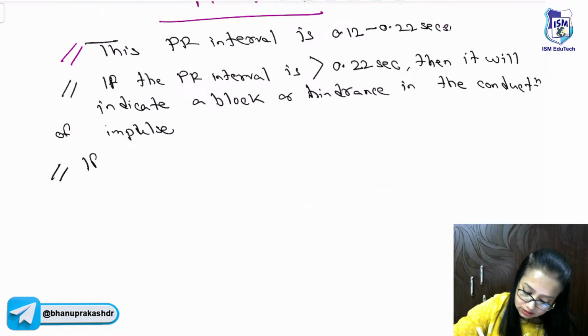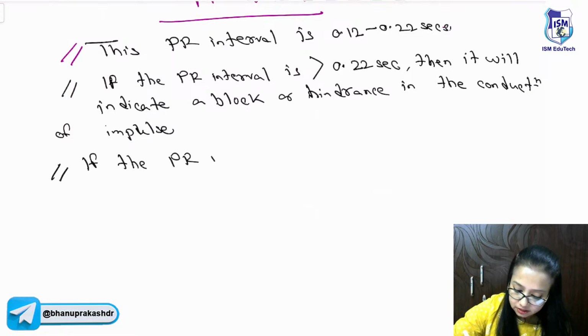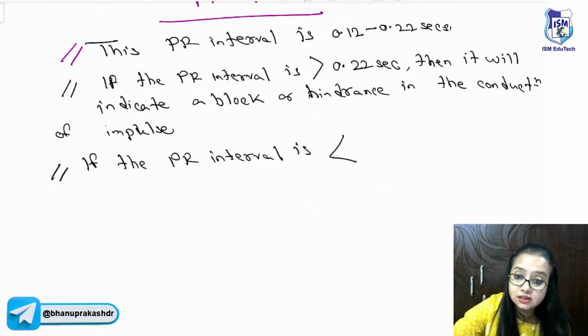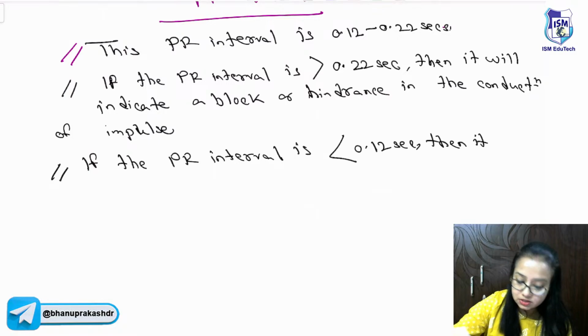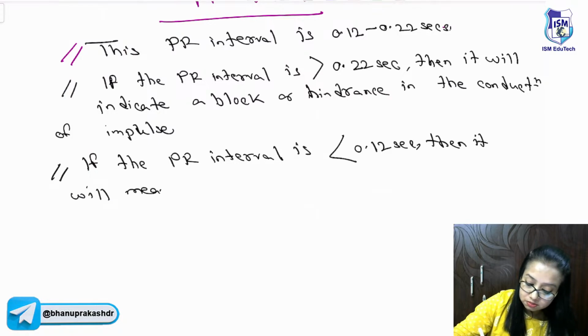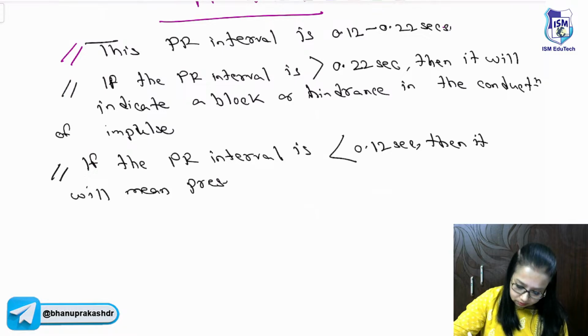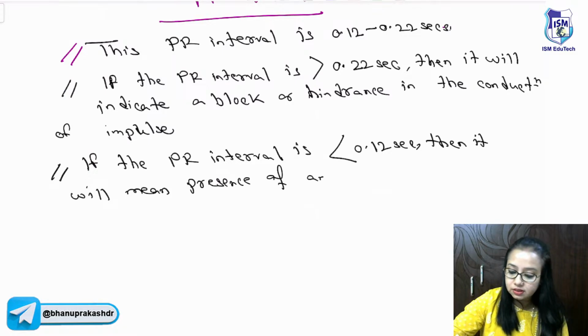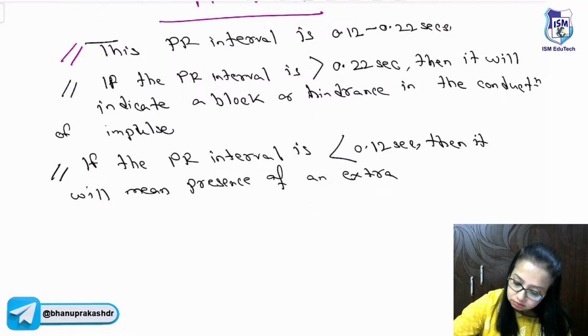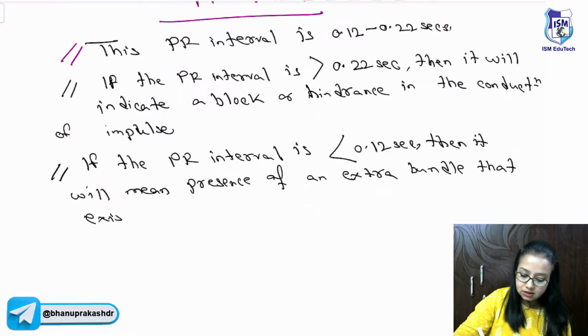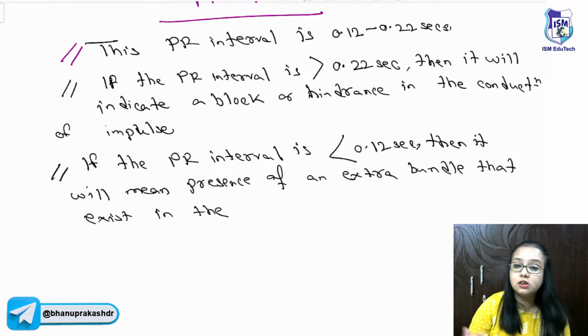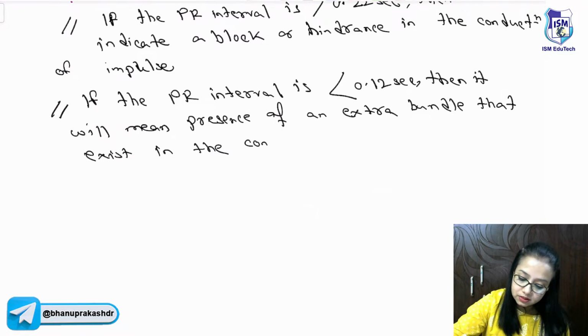Similarly, if the PR interval is lesser than 0.12 second, then it will mean presence of an extra bundle, or extra pathway in the conducting region.